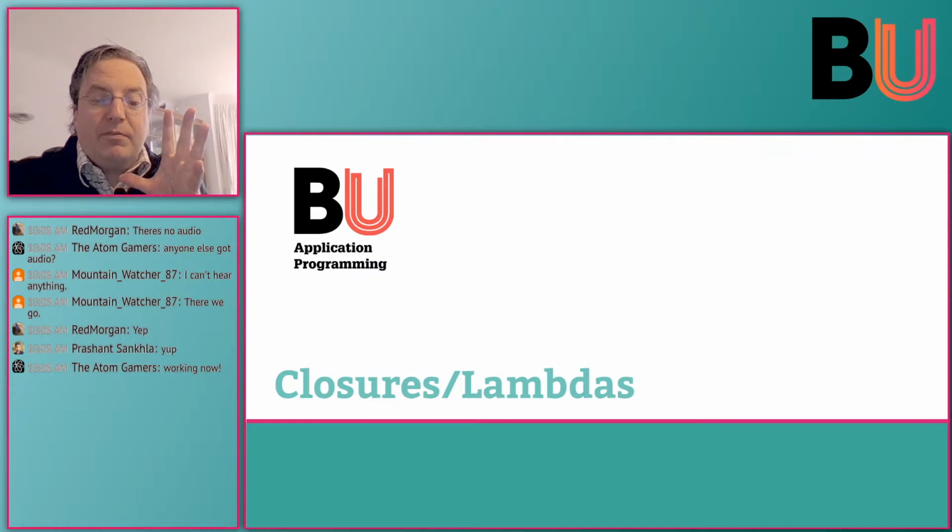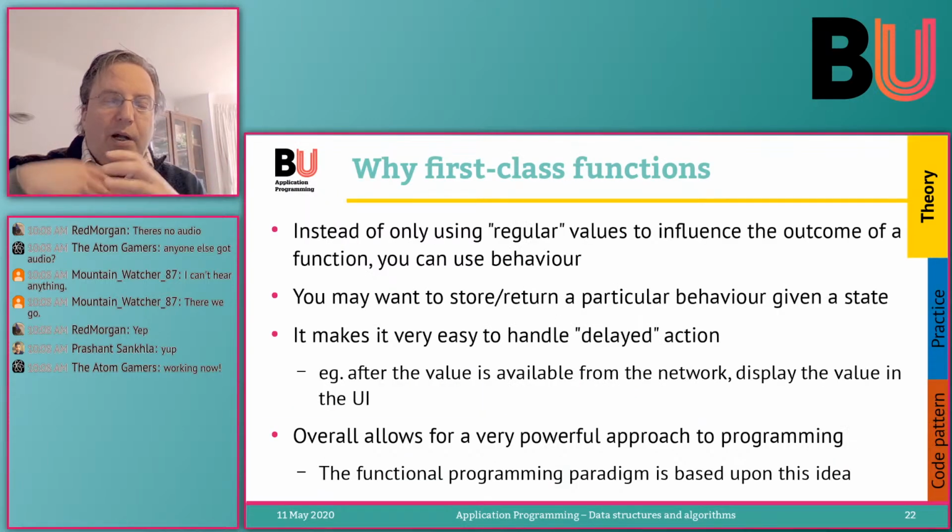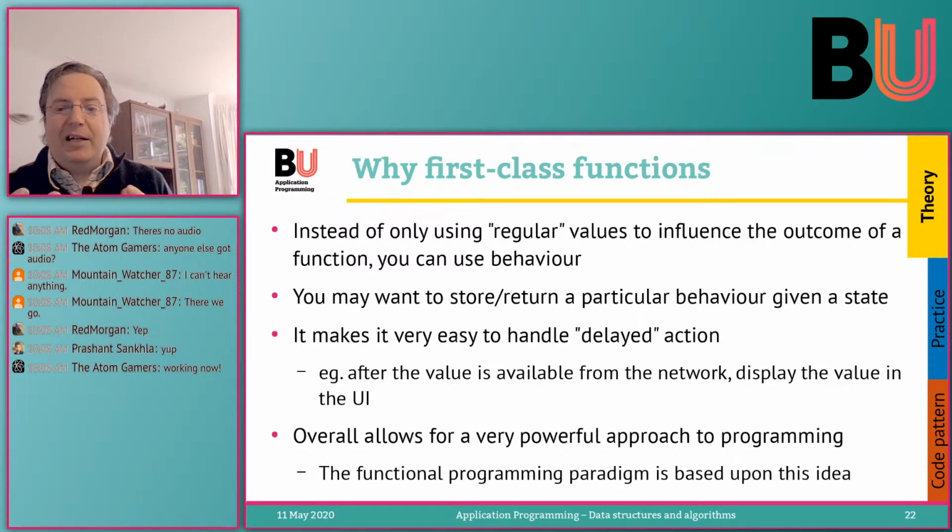Closures and lambdas. One of the features that Kotlin adds, but Java now has also added, and many languages are adding if they haven't already, is the idea of lambdas. Lambdas are partly from the idea of first-class functions. In Kotlin, functions are mostly first class.